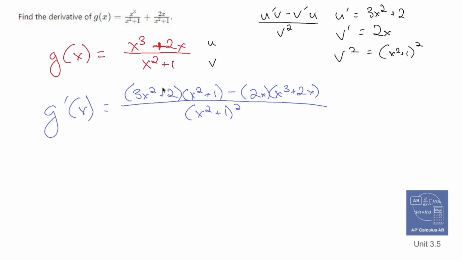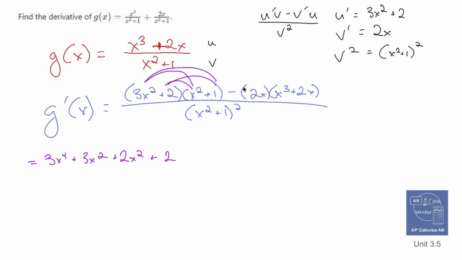But I'm going to FOIL this out, just because I'm curious, I want to see what happens. Okay, FOIL that out. 3x squared, 3x to the fourth. Okay, 3x squared. 2x squared, 2.